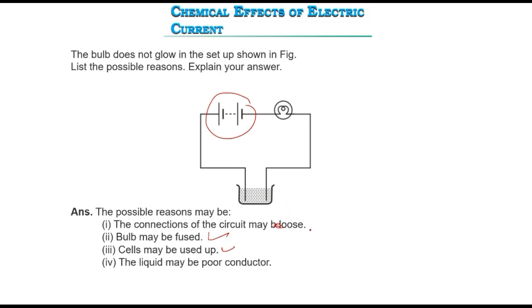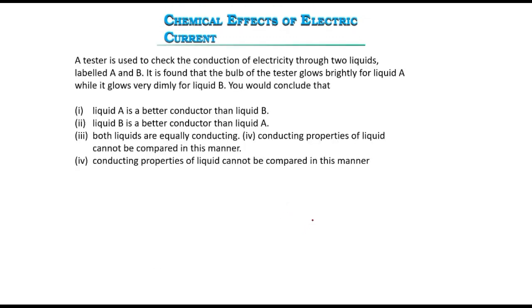Okay. Next question. A tester is used to check the conduction of electricity through 2 liquids. There are 2 liquids labeled A and B. It is found that the bulb of the tester glows brightly for A while glowing very dimly for B. So try to understand this question.